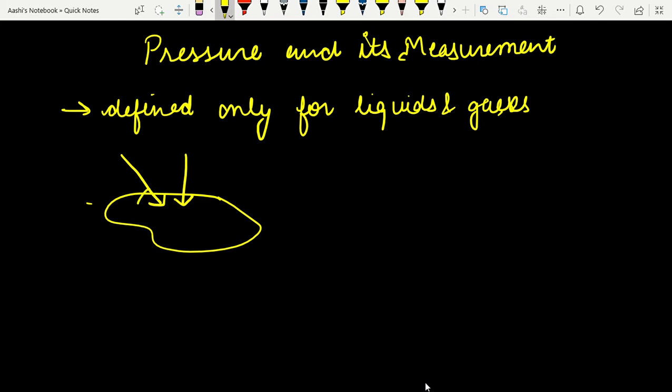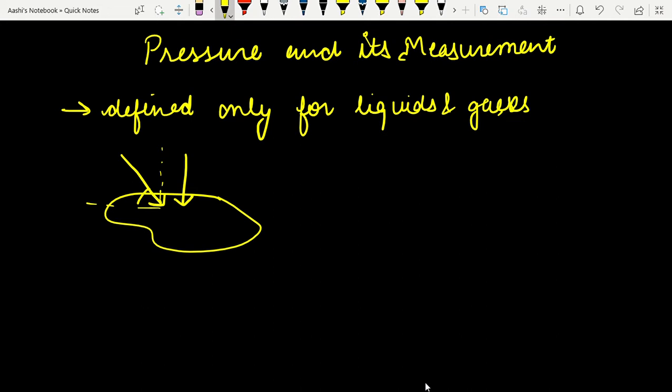This force can be resolved into two components, vertical and horizontal. Whatever is the force which is perpendicular to that area, that is the normal force. And compressive means it will be compressing the surface, not causing any pull. It will be acting in this direction, that is towards the surface area.